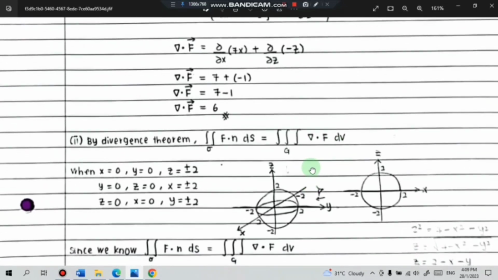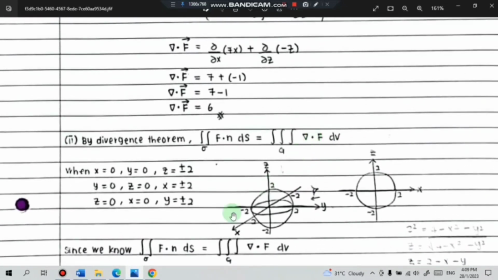From the manual calculation, I have obtained the value of the divergence of f is equal to 6, which is the same.